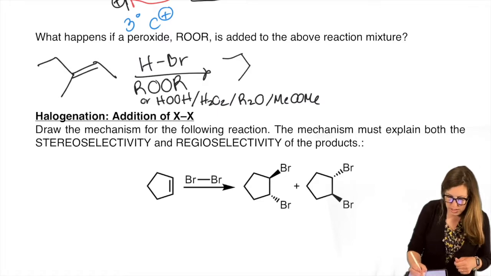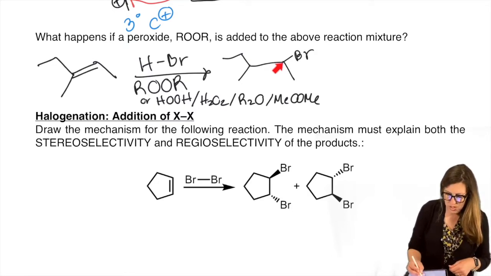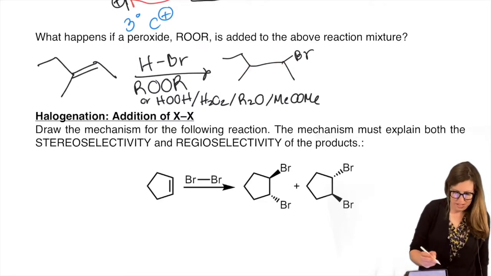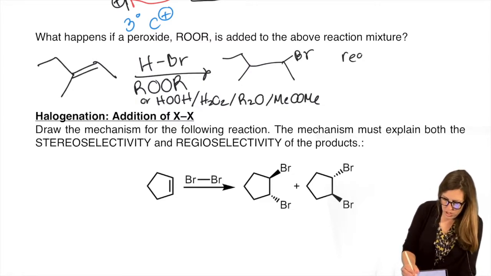we can control it to get the opposite regioselectivity. Look at that. It went to the other carbon, not the carbon that was more substituted. So, regioselectivity.